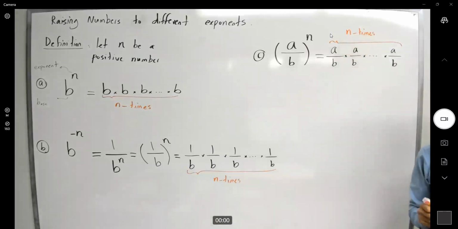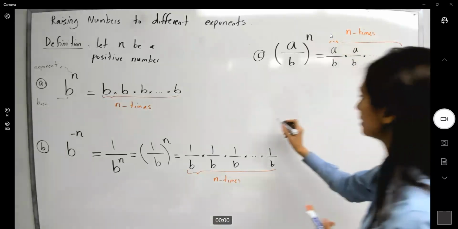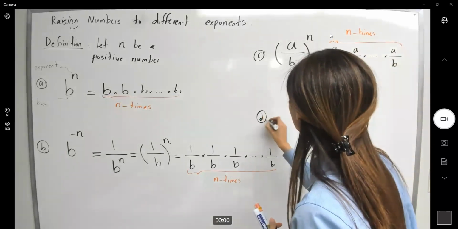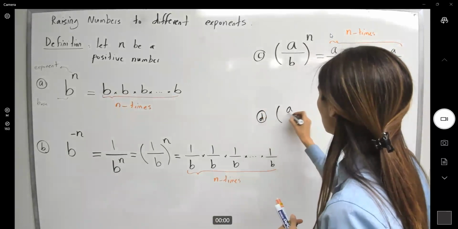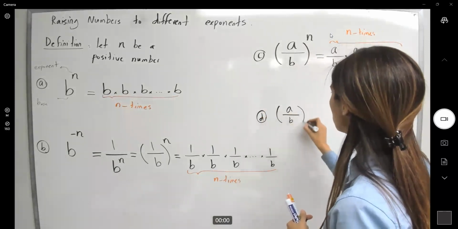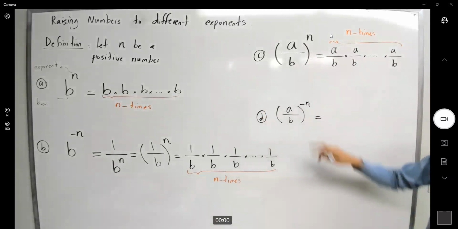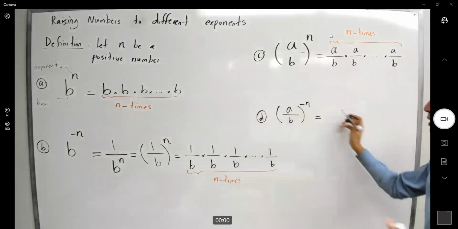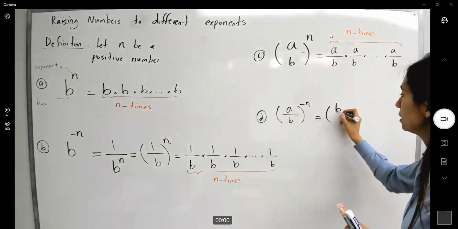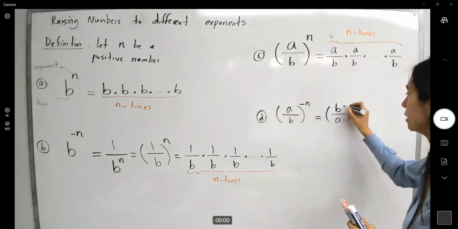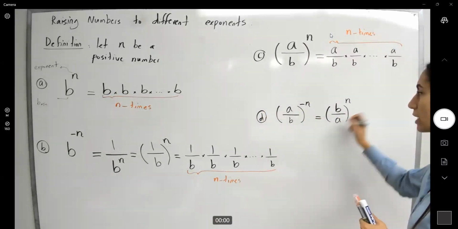And finally, if I raise this to a negative exponent, part D, if I have A over B to power negative n, it's going to be flipped. You're going to flip A over B. It is going to be B divided by A to the positive exponent.